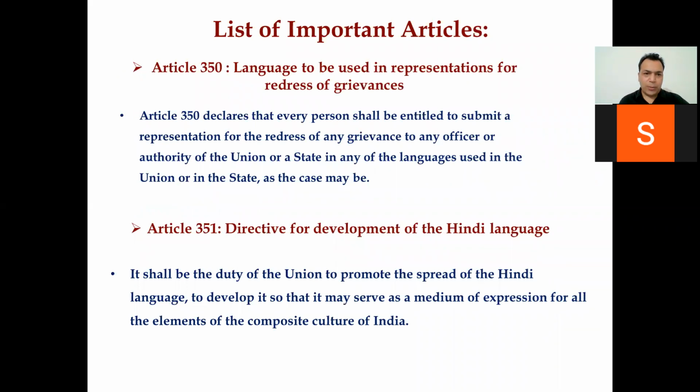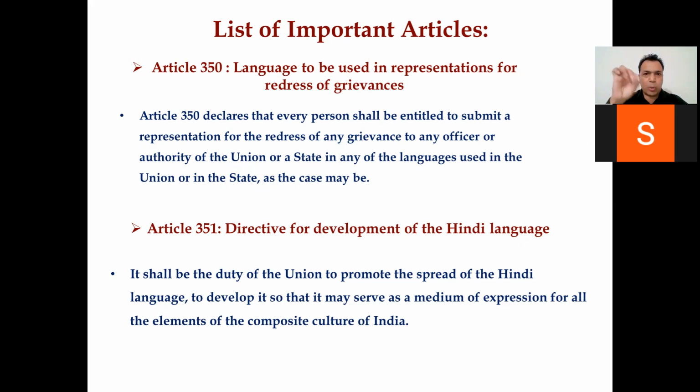Okay, next, two articles are left, 350 and 351. These are the last articles. Article 350 talks about the language to be used in representations for redress of grievances. It means any person can write in his regional language if any grievance arises.